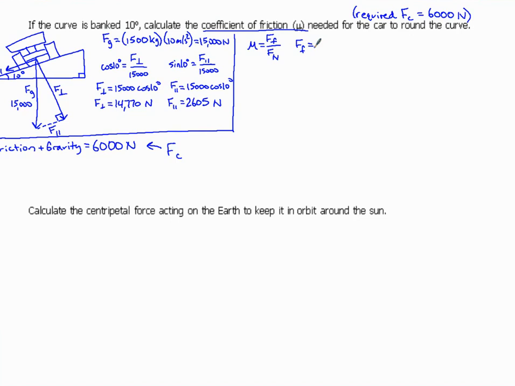So the force of friction equals the coefficient of friction times the normal force. And the normal force in this question is the force perpendicular, the force that is pushing the two surfaces together. So this is the force of friction. Friction is the coefficient of friction times the normal force.